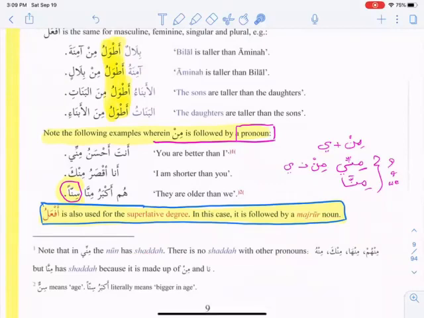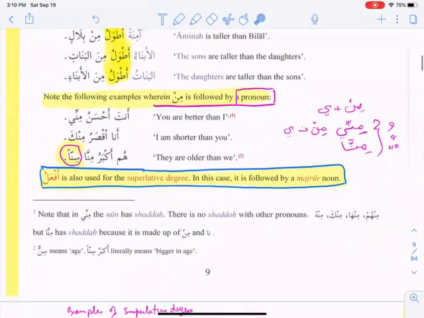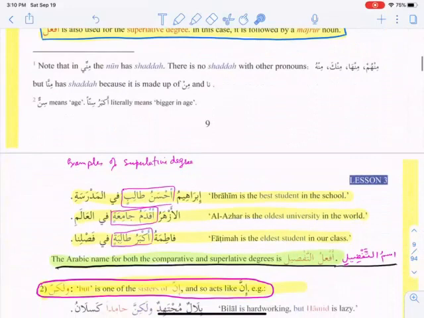But minna has shadda because it is made up of min and na. Right? Sinnun means age. Akbaru sinnan literally means bigger in age. Now, here are the examples of the superlative degree. I hope you are following it, and I hope you are finding it interesting, inshallah.